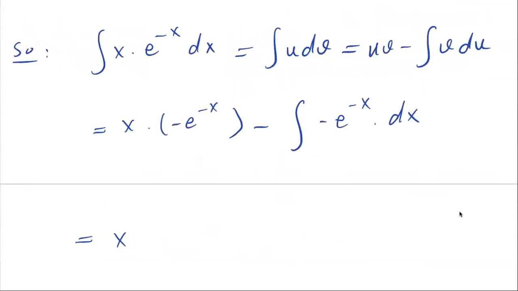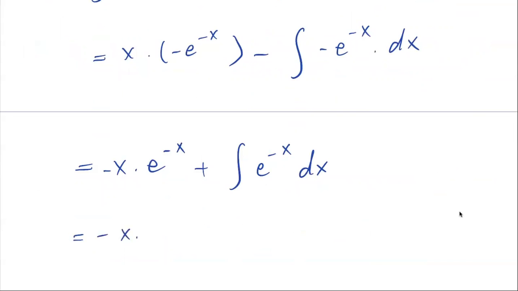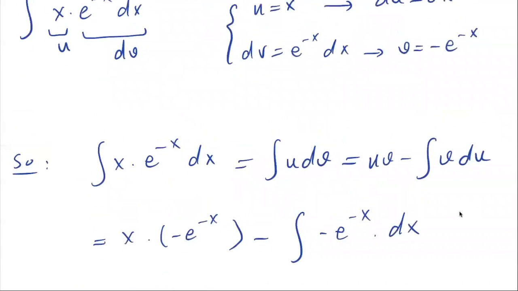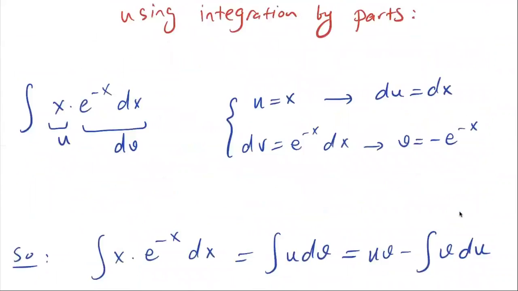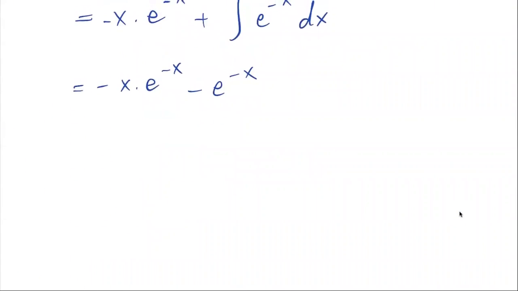So then this will be minus x e to the minus x plus the integral of e to the minus x dx. And then this is minus x e to the minus x minus e to the minus x. I can say plus c here because it's an indefinite integral.